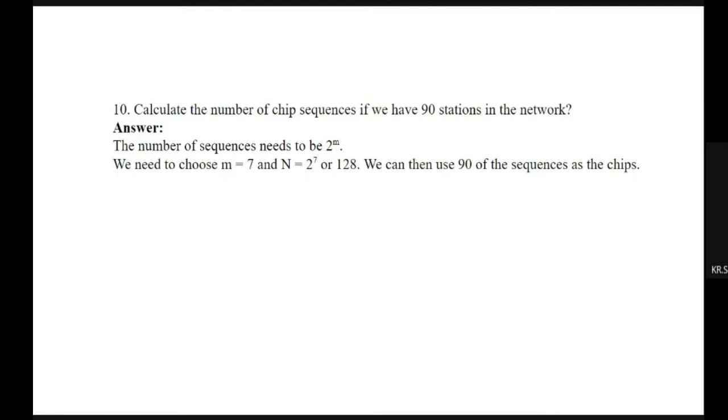So we can use 90 of the sequences as chips. The formula for the required chips is 2 power m, so identify or assume the m value to match the corresponding sequences. We can use 90 sequences as chips with m equal to 7.